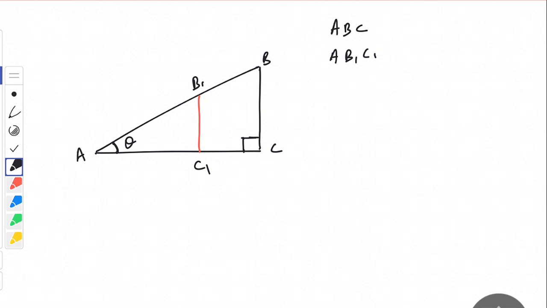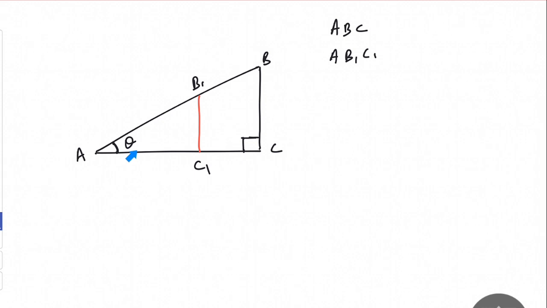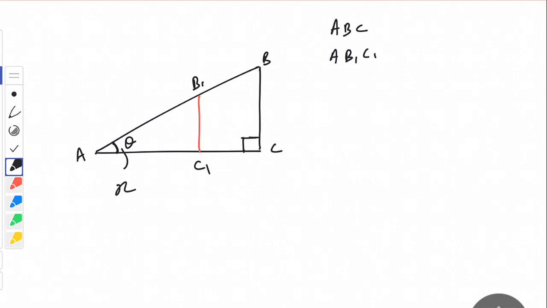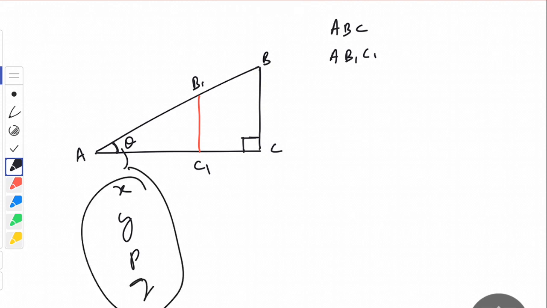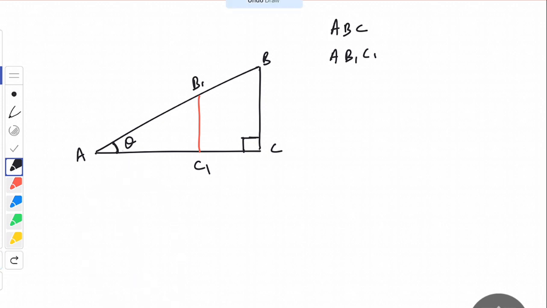Why are we calling it theta? Why can't we call it x or y or a or b or c or p, q, whatever? So we can. It is just a convention. So don't think of theta as something new. I could have very well called it X or Y or P or Q, but conventionally we just call it theta. So please don't get confused because of that.